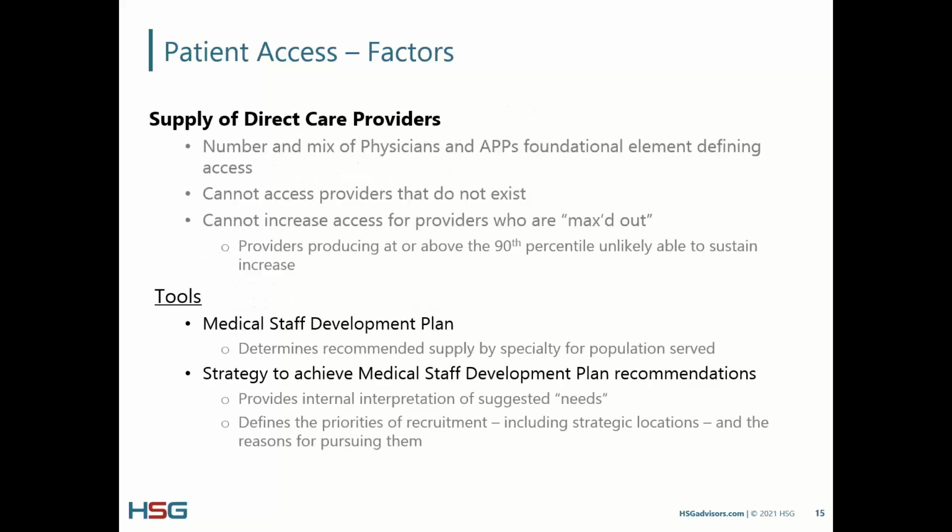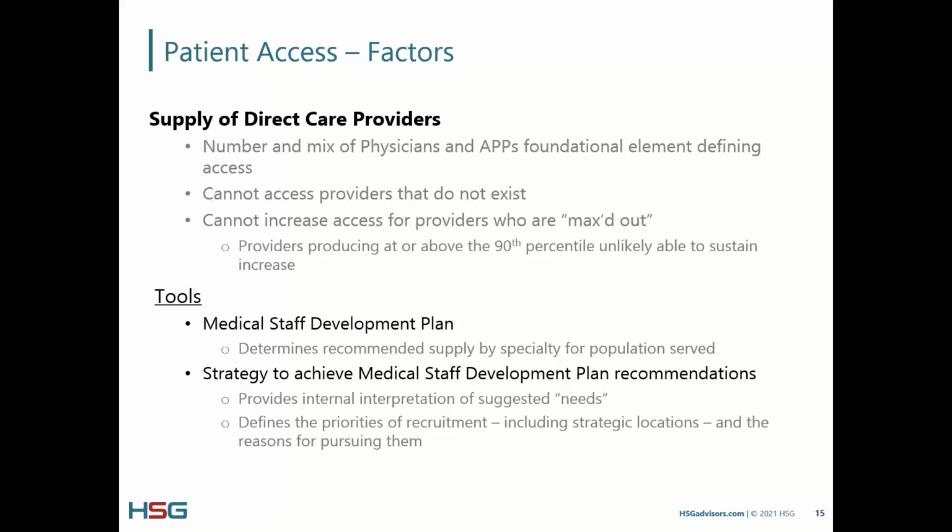So let's start with supply. And this is the number and mix of physicians and APPs within the employed network or within the market. And it's a foundational element of defining access because you cannot access providers that do not exist. Similarly, it cannot increase access for providers who are already, quote, maxed out.